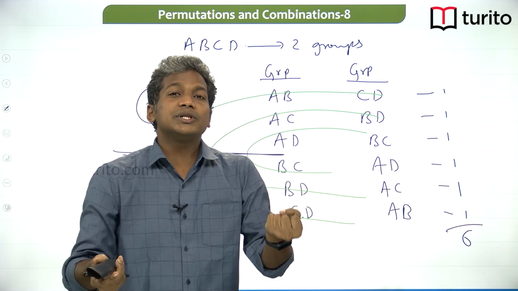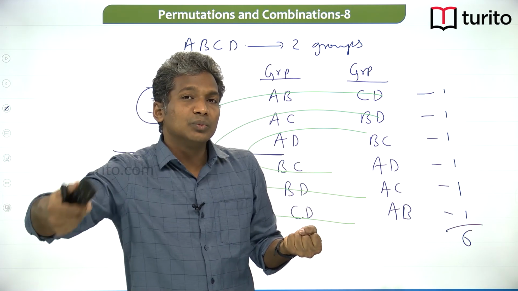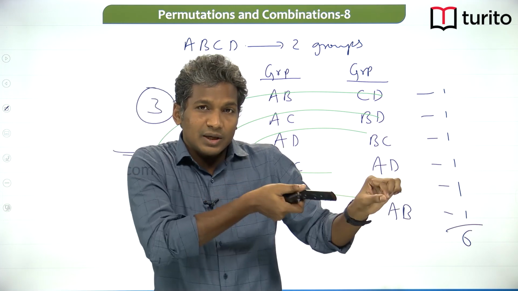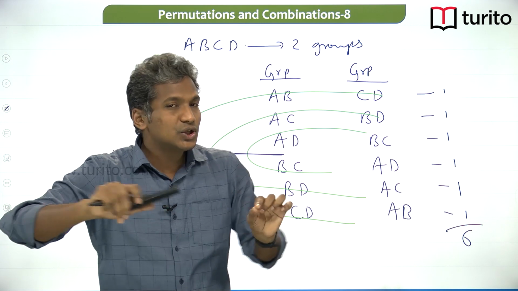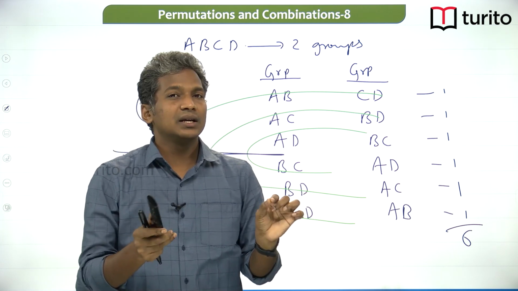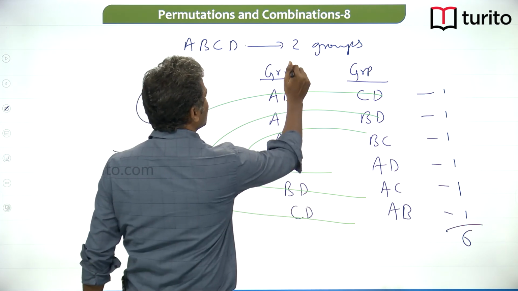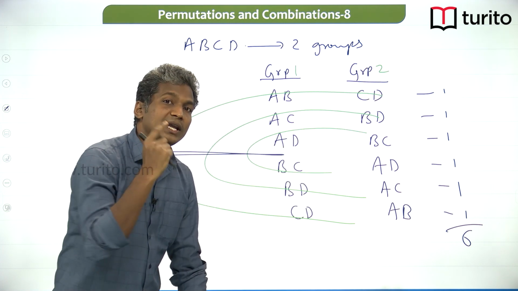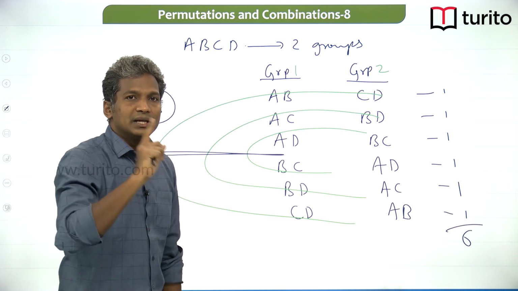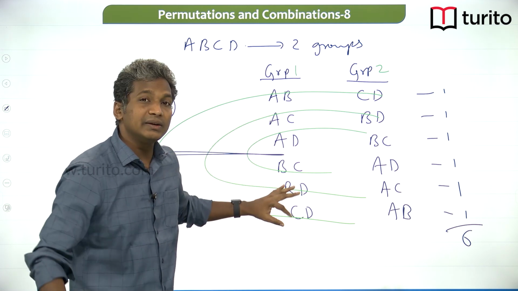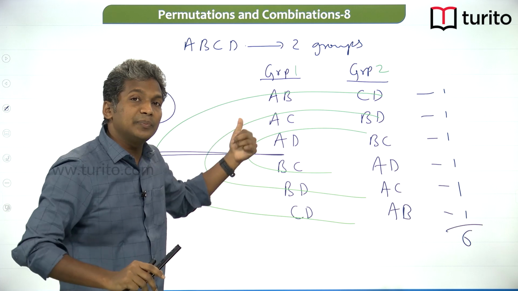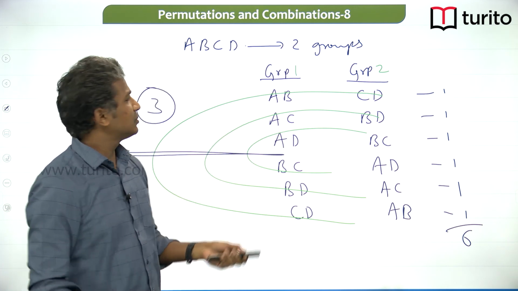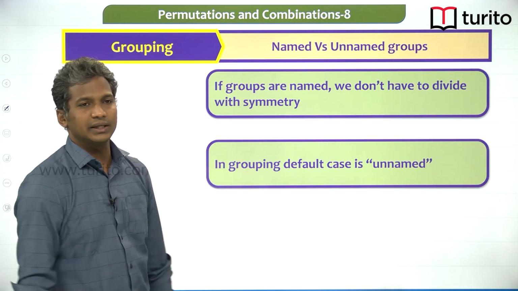Then because you named it, AB going in the Mumbai and CD going in the Hyderabad group, and AB going into Hyderabad, CD going into Mumbai, these two are now different groups, right? So whenever we name the groups, let us say I name this group as 1, this group as 2, if I number the group or name the group, then automatically symmetry will not be there. So that means we do not divide if they are named groups. That is what you have to understand here.